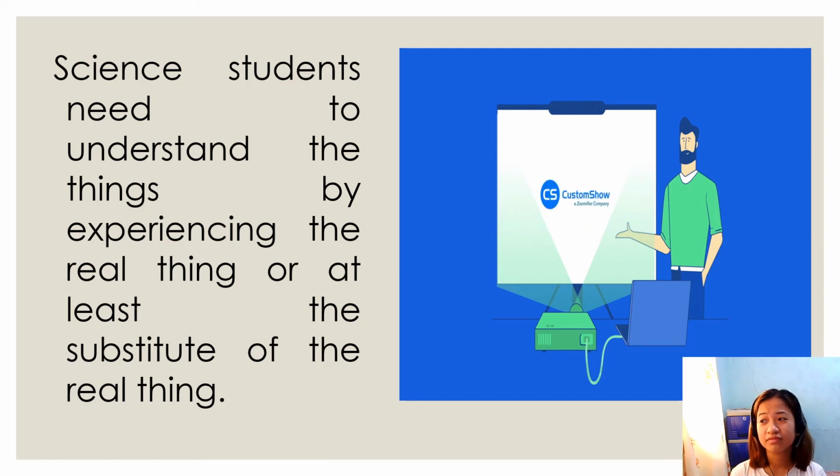So when we talk about cells, of course you do not just simply draw the cell on the whiteboard or the green board. You also have to let them see the cell inside a certain organism, or yeah, a plant organism. So that's the time that you may use different materials. You may use the microscope.